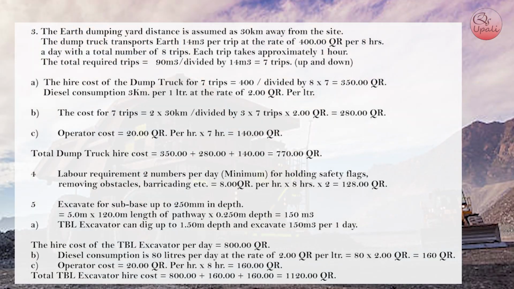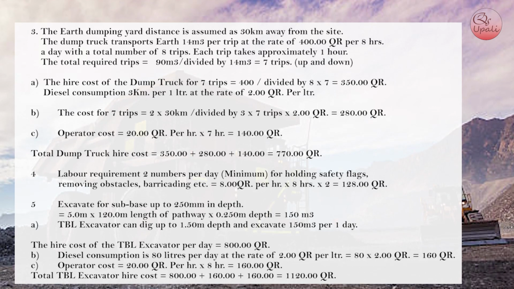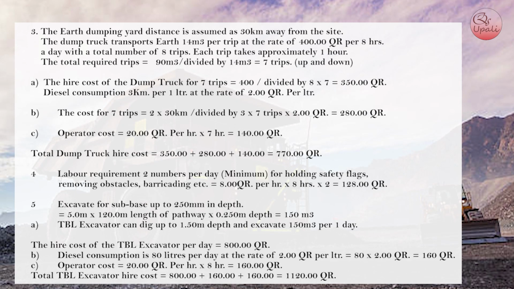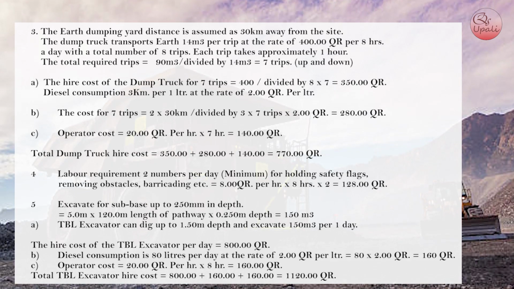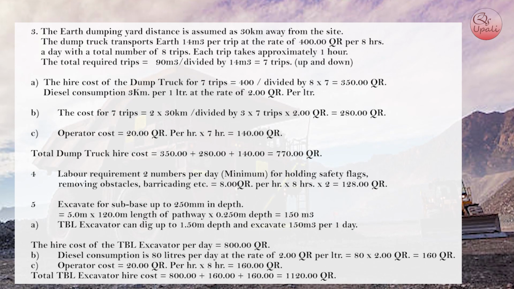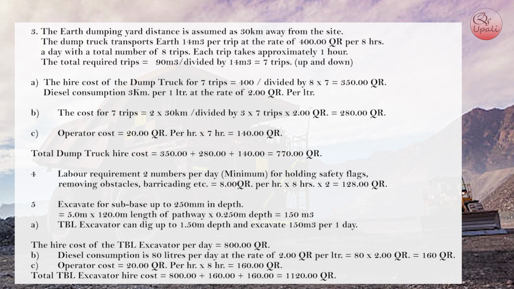A. The hire cost of the dump truck for 7 trips equals 400 divided by 8 into 7 equals 350 Qatar riyals. Diesel consumption 3 km per 1 liter at the rate of 2 Qatar riyal per liter.